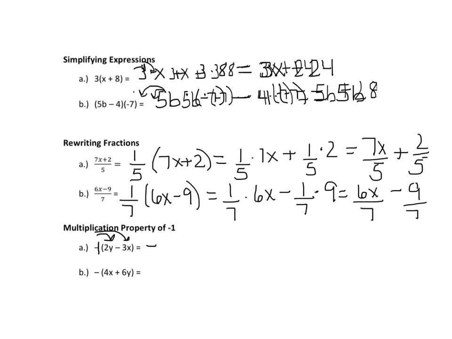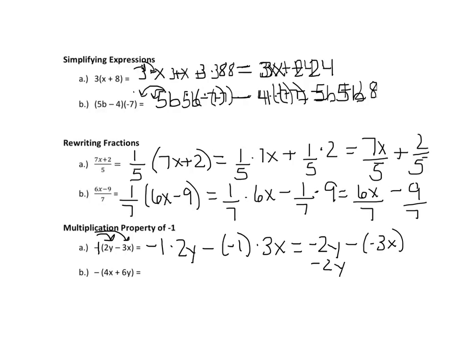So we're going to have -1 times 2y minus (-1), I'm only putting it in parentheses to separate the subtraction and the negative, times 3x. Then we simplify. -1 times 2y is -2y. -1 times 3x is -3x. But since it's minus -3x, we're going to make it -2y plus 3x.